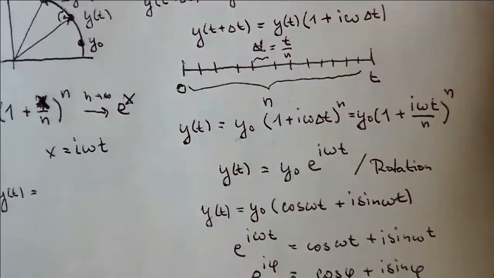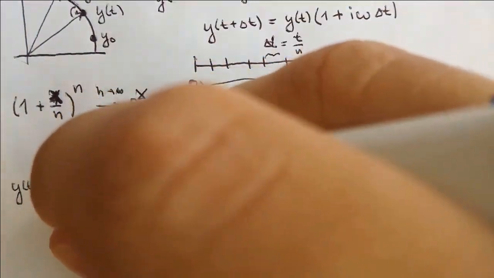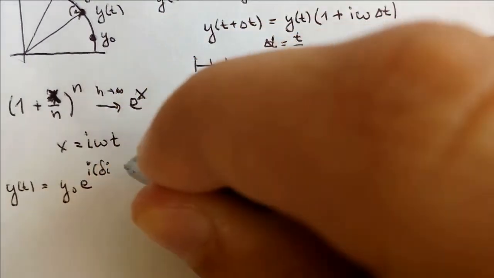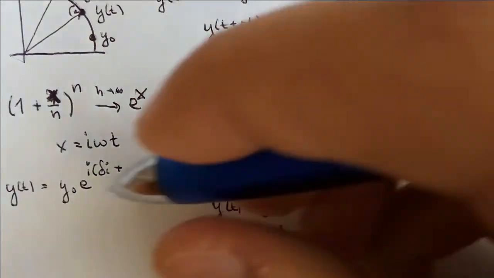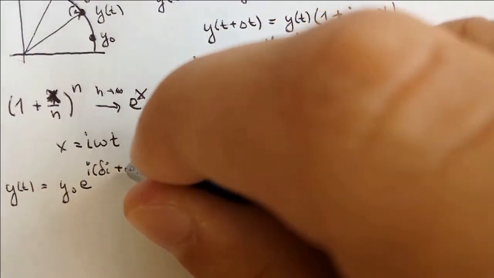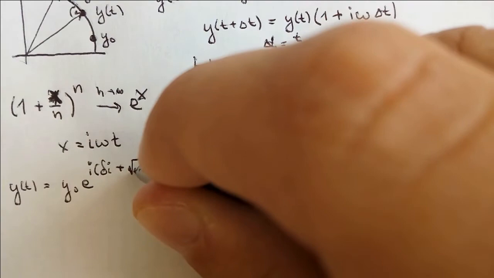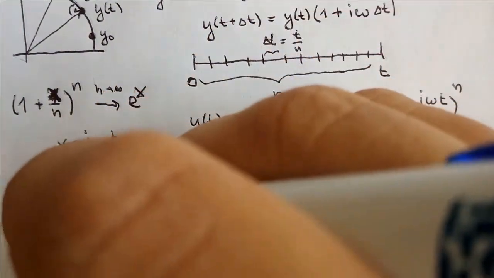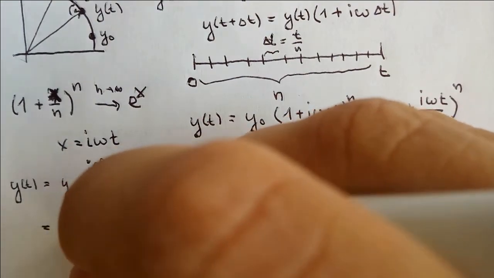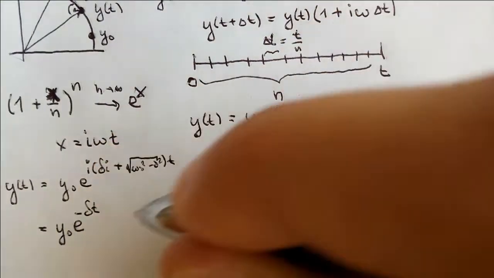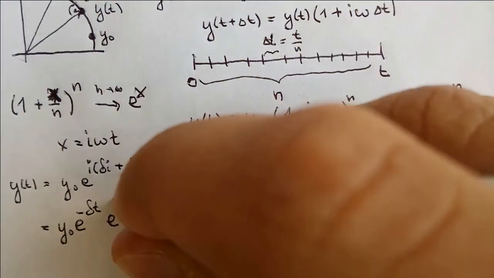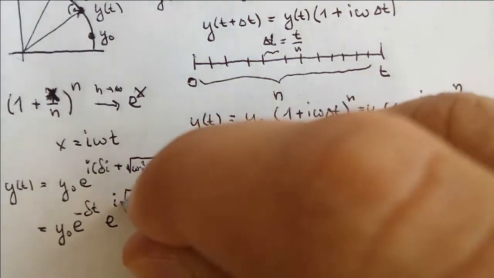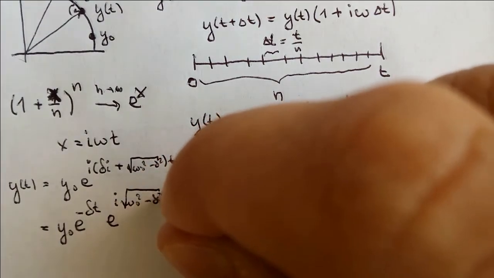So y(t) is equal to y0 times e to the power of i times, I will just use plus, the square root of omega 0 squared minus delta squared, times t, which can be simplified as y0 e to the minus delta t times e to the power of i times the square root of omega 0 squared minus delta squared times t.